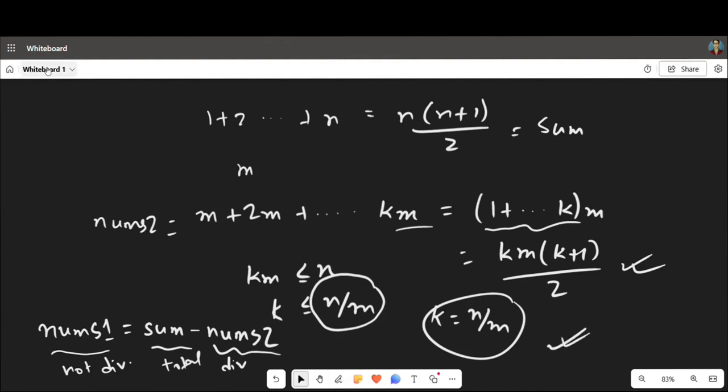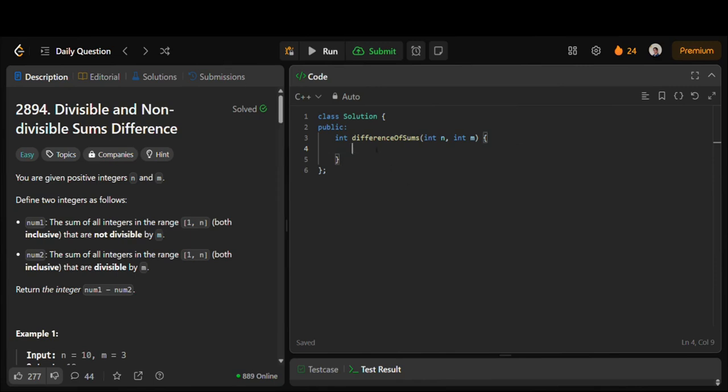This is quite a simple approach. So we have total sum which is n into n plus 1 by 2. Okay, we are having nums2 which is nothing but k into m.